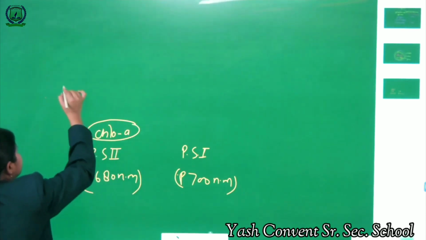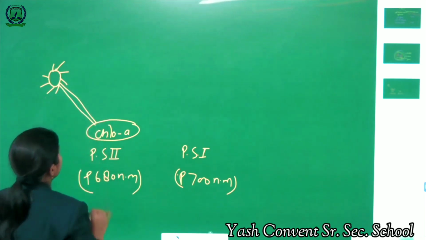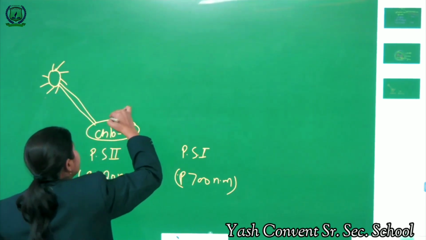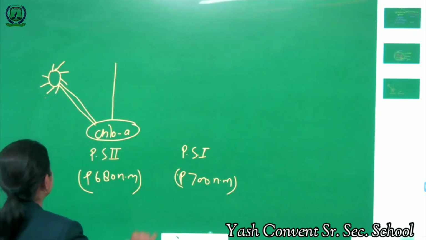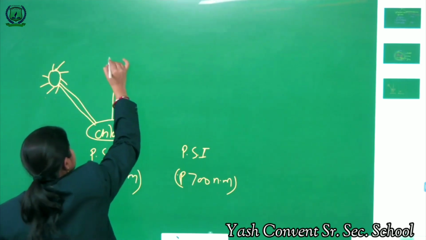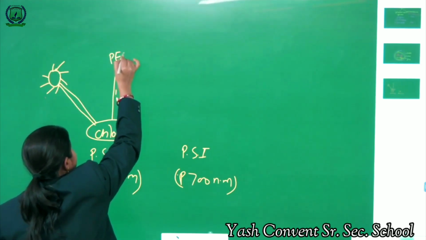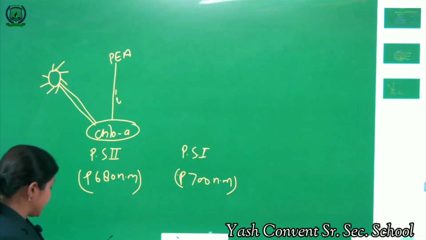When sunlight falls on chlorophyll A, it excites and releases an electron, and the primary electron acceptor receives the electron.